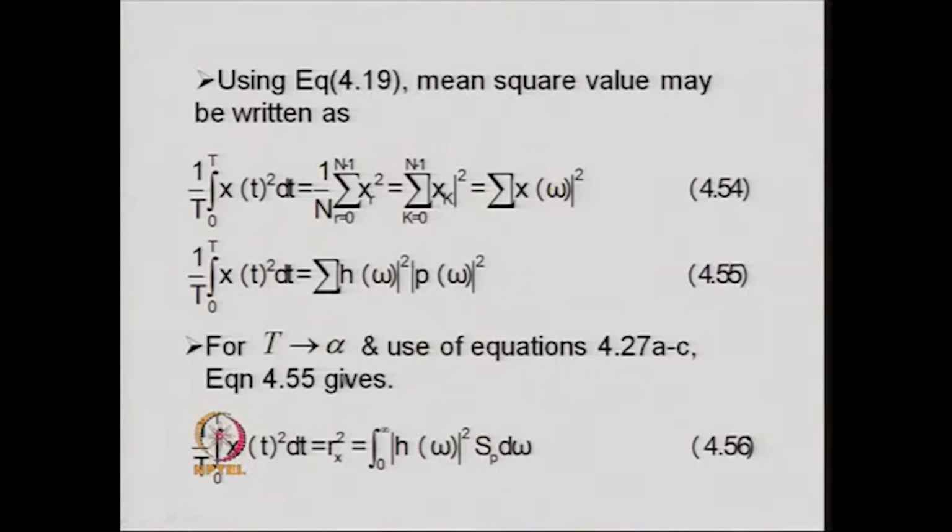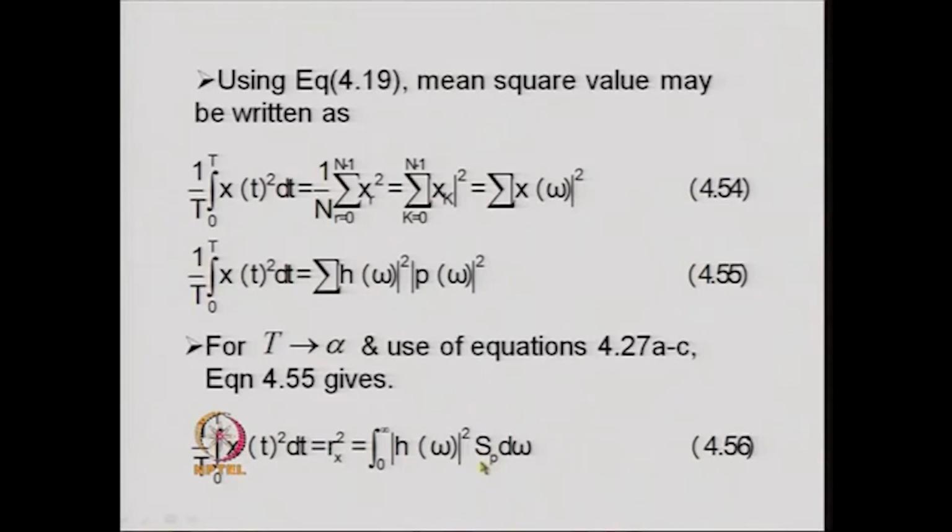And if T tends to infinity, then this entire summation becomes an integration, and we have this relationship: 0 to infinity, h(omega) absolute square into Sp d omega.